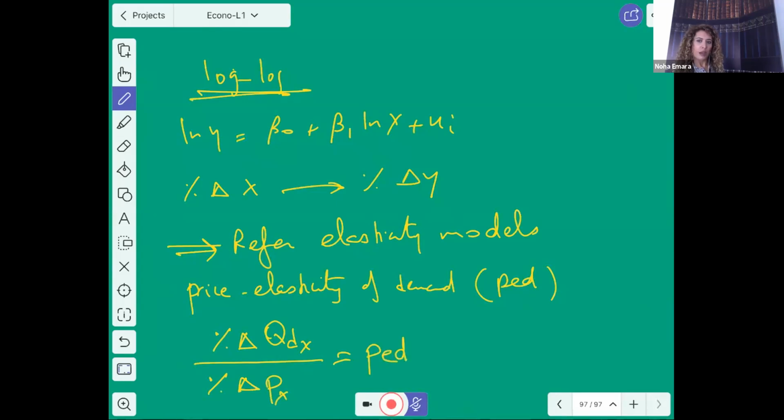The price elasticity of demand is a great example of a log-log model in which we are interested just in the percentage change. I'm not interested in how many units are sold or demanded versus how many dollars increase or decrease in price. I'm interested in percentage changes.